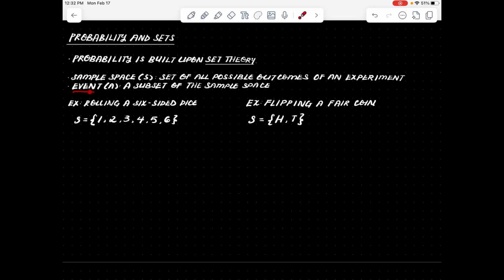An event, which we call capital A here, but we can really define it as capital A, capital B, C, D, etc., is just a subset of the sample space. So let's go back to the example where we're rolling a six-sided dice. We can define event A as rolling an even number.